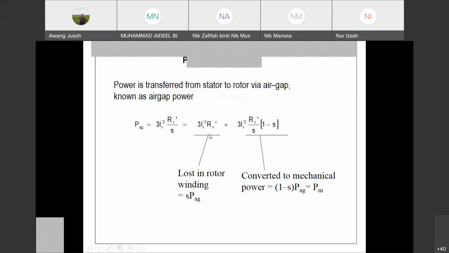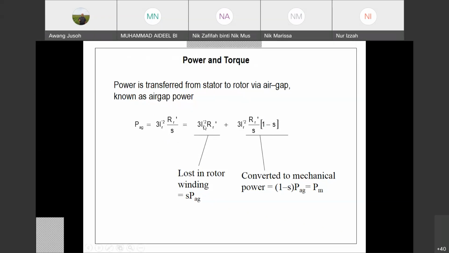The first one represents the loss in the rotor conductor, or rotor winding. When current flows in the rotor, you have losses. So that is I squared R2, multiplied by 3 for the total loss. This one equals S times PAG.